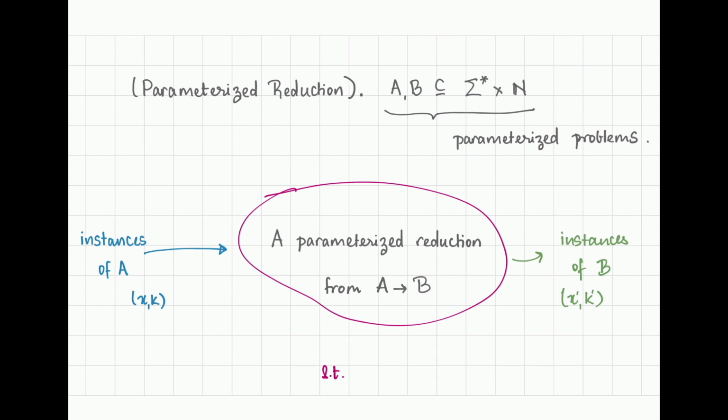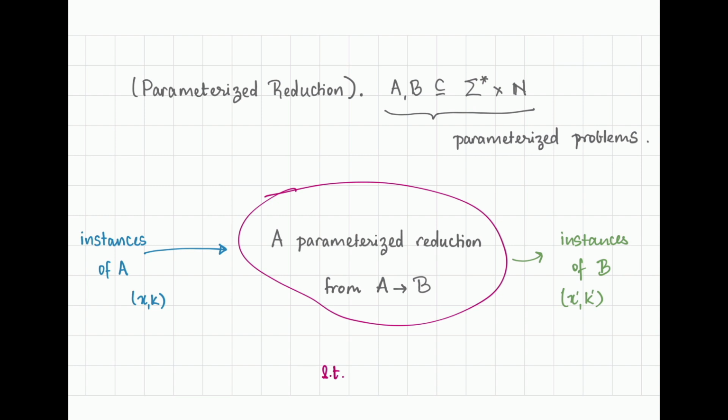So that aspect remains the same, but what we have to take a more nuanced approach on is how the parameter is transforming as we go from the original instance to the reduced instance, because that will play a key role in determining the running time of the overall two-step process that we have been proposing. So let's take a look at the definition of a parameterized reduction. Here's the textbook definition, and it should feel very natural given all the lead up that we have talked about so far.